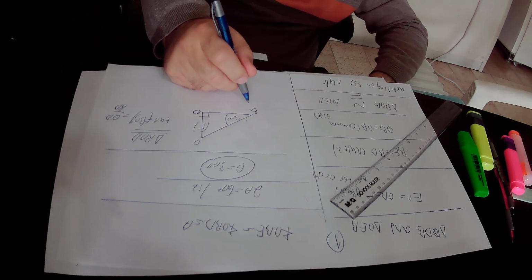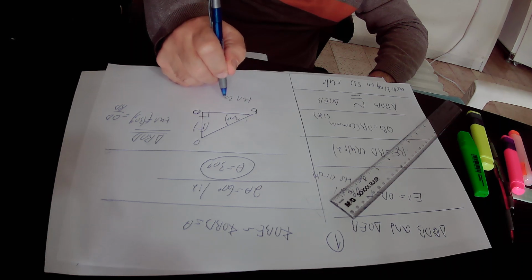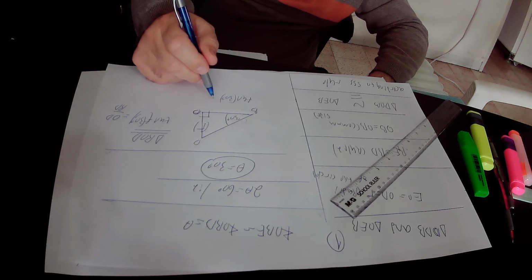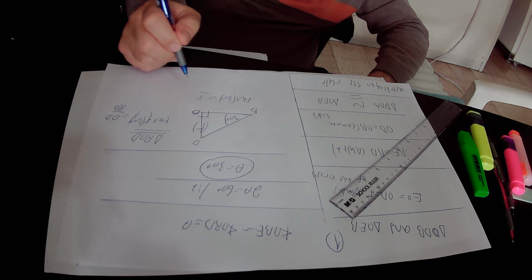So tangent 30 degrees equals OD, which is R, divided by BD.